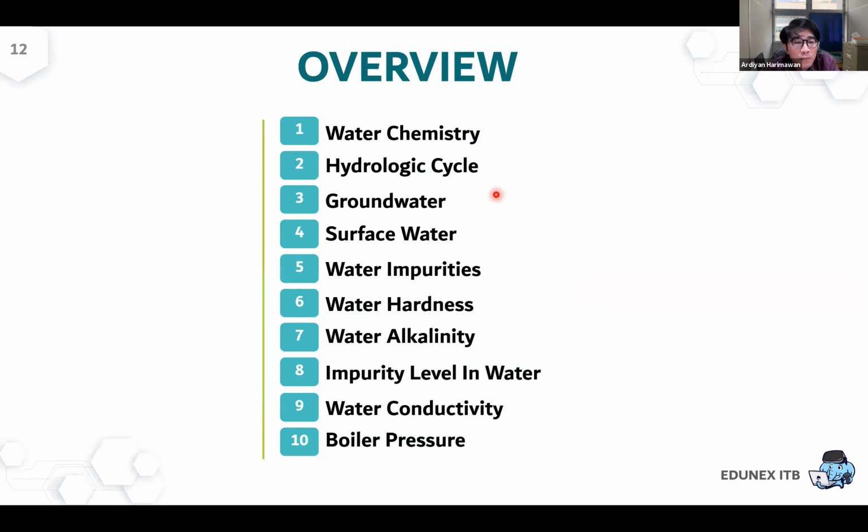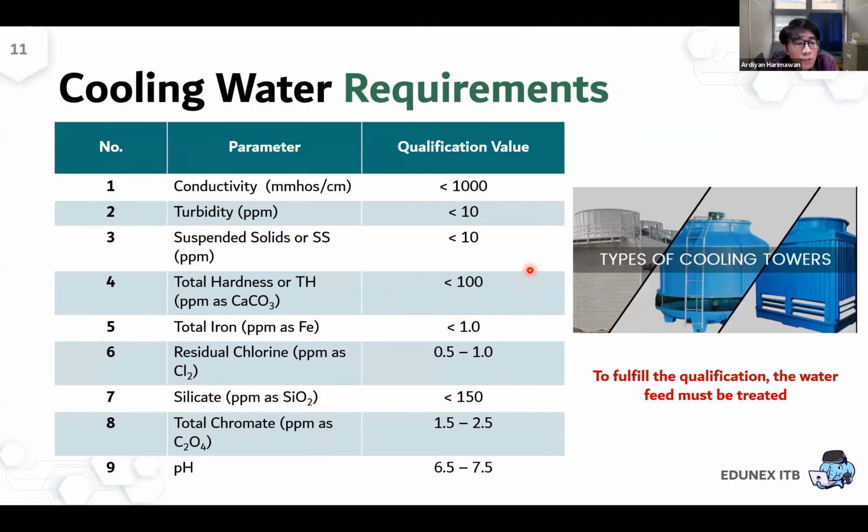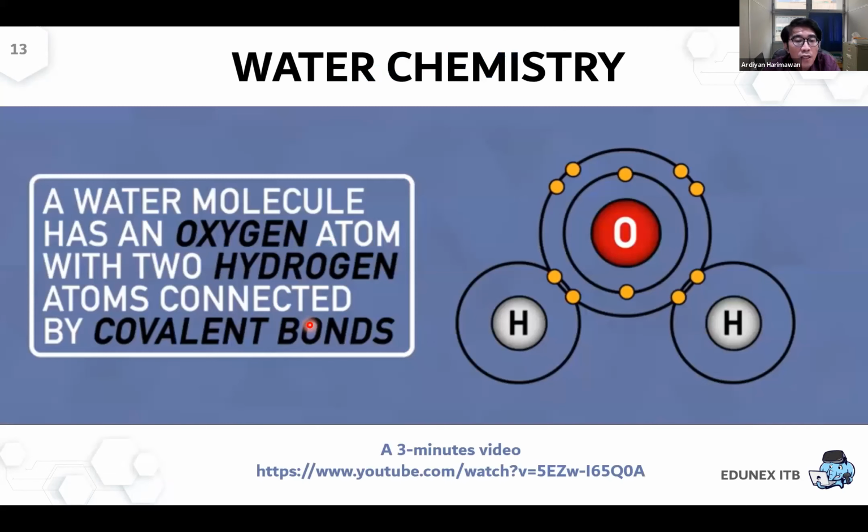Okay, but in order to understand further why water can have a total solid, why water can have alkalinity, or why water can have a conductivity, for example, why different sorts of water have different pH, I think you need to understand about water chemistry.